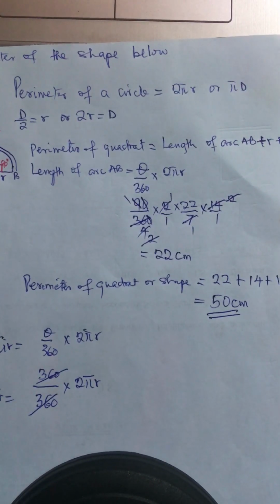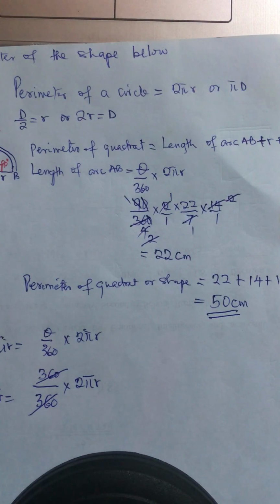Now I'm going to send you some more questions based on calculation of perimeter of things like quadrants or some other sectors of a circle. Remember, I can give you a sector whose theta could be 30 degrees, 60 degrees, 180. Of course, for 180, that should be a semicircle. 270, 280, 300.